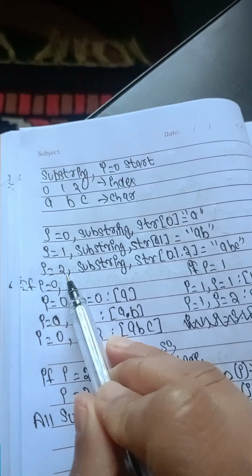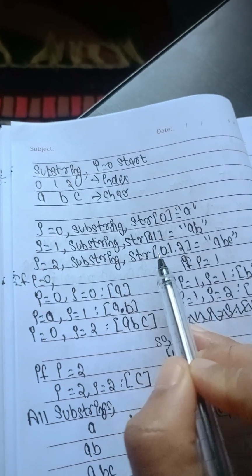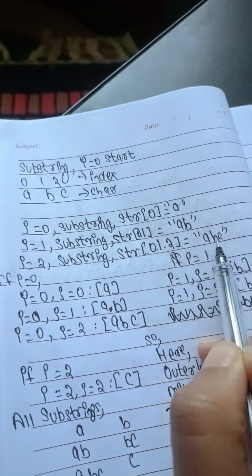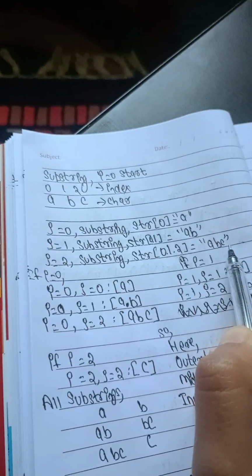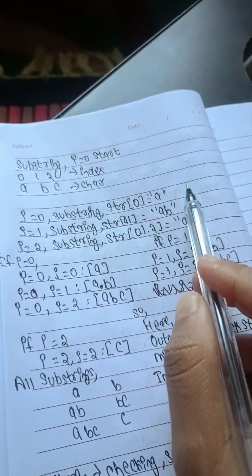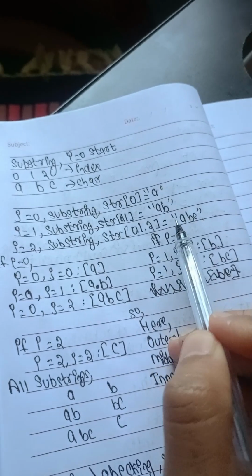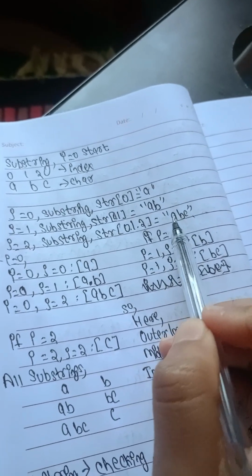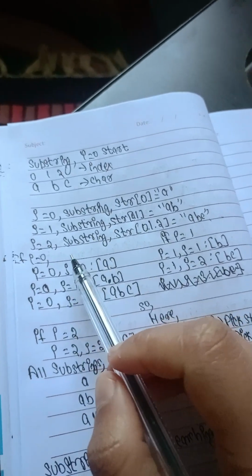If j is equal to 2, the substring will be 0 1 2, which is ABC, right? So we have the full length, and including the full length we have other lengths as well. That is a substring.